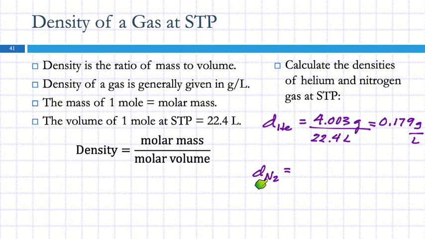So when I'm talking about its molar mass, I need to use N2. And so that's 28.02 grams instead of 14.01, divided by the volume. So that's going to be 1.25 grams per liter.